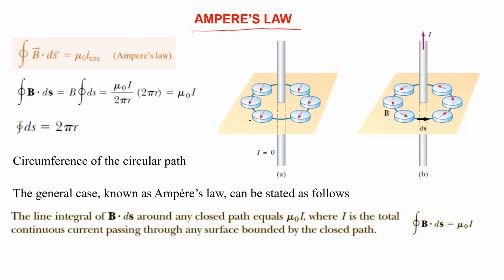Now for a straight current carrying conductor, suppose there is no current, I equal to 0, in this figure. There is just a conductor with no moving electrons.